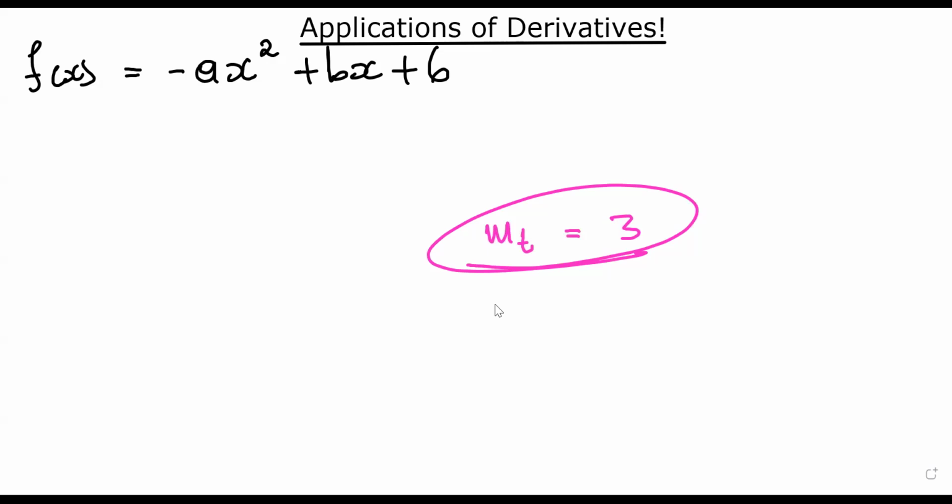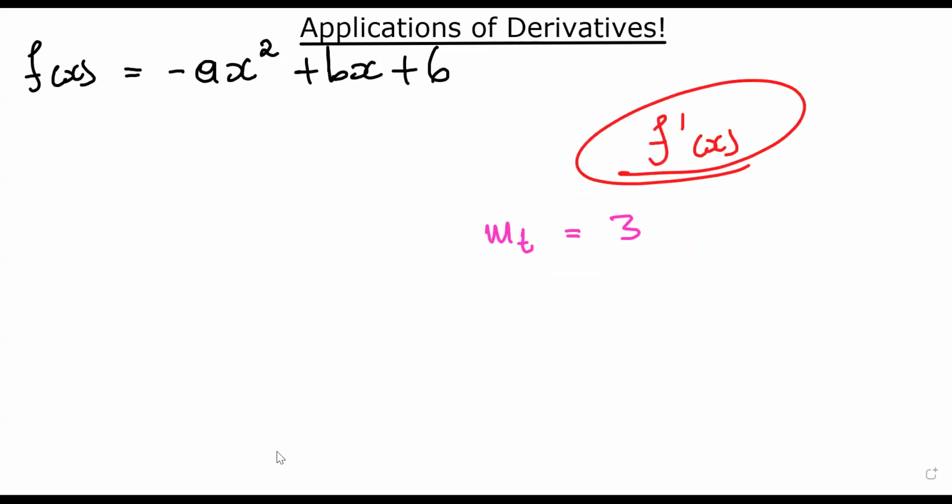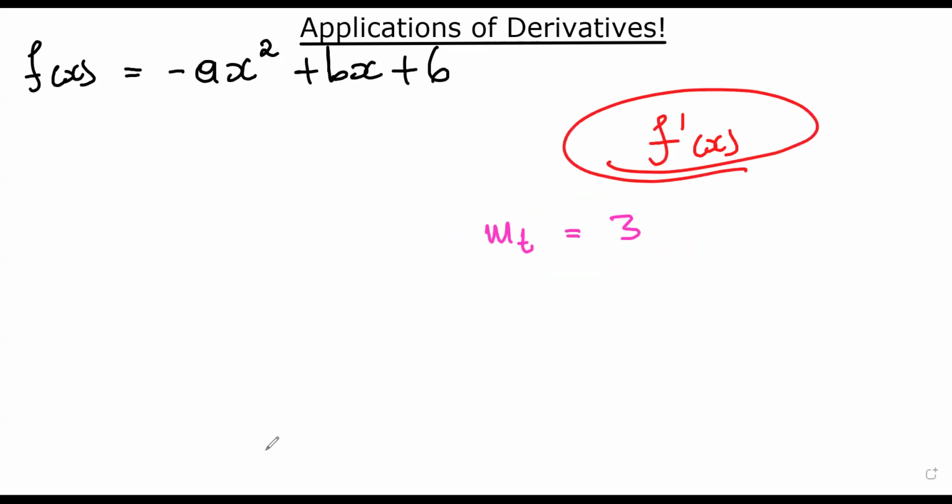Remember, guys, every time you see f'(x), it's one thing, but it has many names. The first name is the derivative of a function. The second name is the slope or the gradient of a tangent to the function at any point.